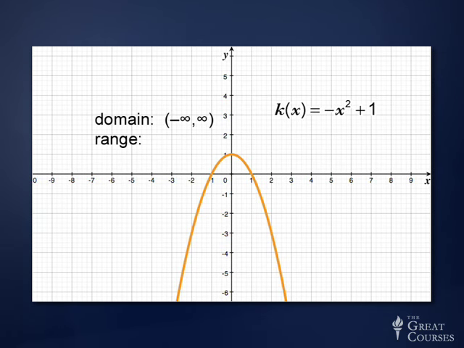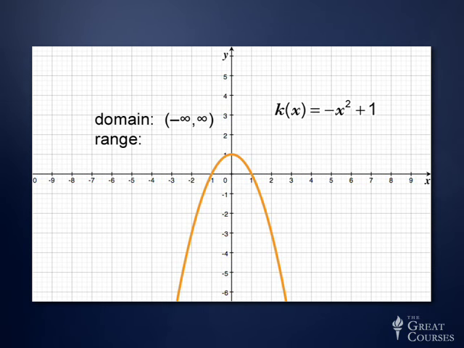Well, the lowest they go, if you want to think of it this way, is negative infinity. In other words, I'm just saying that they go on forever in the negative direction. But what's the highest that they're going to get as a y value? Well, the highest that any y value will be for that function is going to be 1, because that's where that vertex is located, at 0, 1.